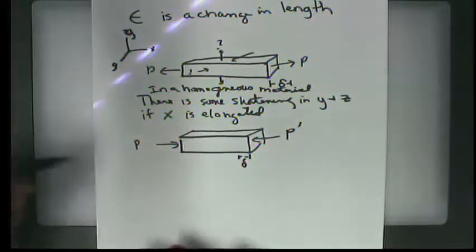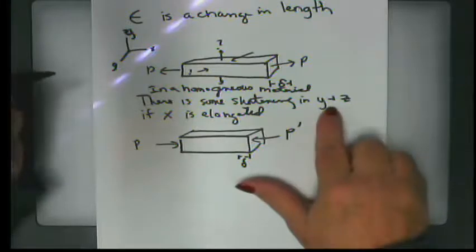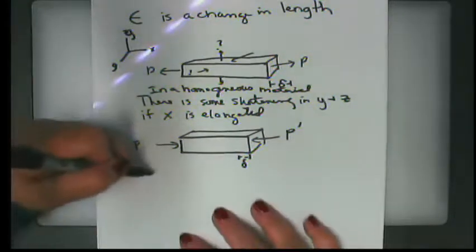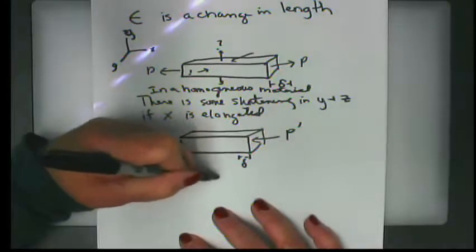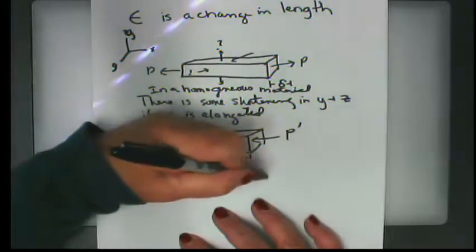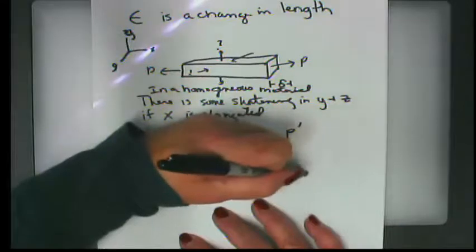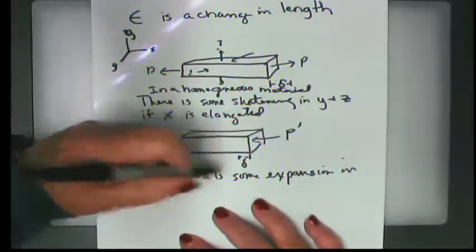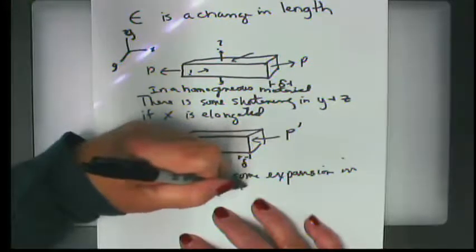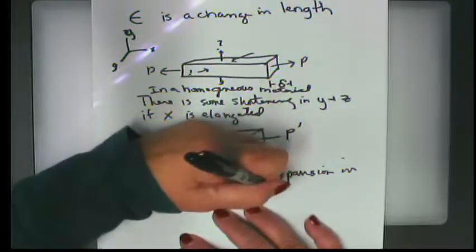Okay, so in a homogeneous material, there is some shortening in the y and z direction if x is elongated, and there is some expansion in the y and z if x is compressed or shortened.